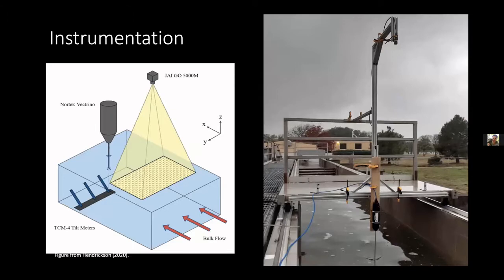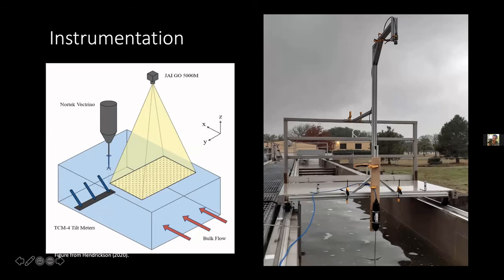Our instrumentation here, the focus is our surface PIV. On the upper right-hand side, you can see we have a camera facing downward above the channel. This is an $800 camera, pretty cheap by our standards, that is looking down on the surface. So this is what we're using for our surface particle image velocimetry.